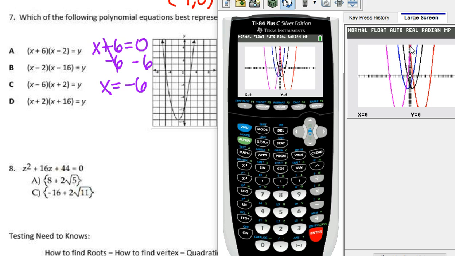So looking at those, who looks most like the graph that we see right over here next door? And I am going to say that the blue guy looks most familiar, mostly like what we're looking for. So that is our first equation.